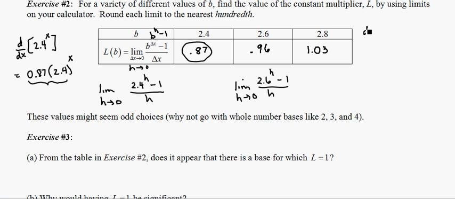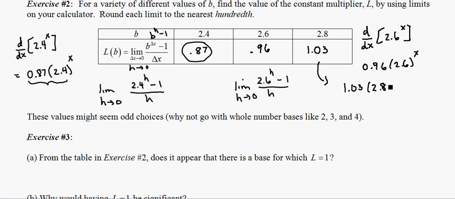Again, just to emphasize, if I took the derivative of 2.6 raised to the x, I would get 0.96 times 2.6 to the x. Likewise, if I took the derivative of 2.8 to the x, I'd get 1.03 times 2.8 to the x.